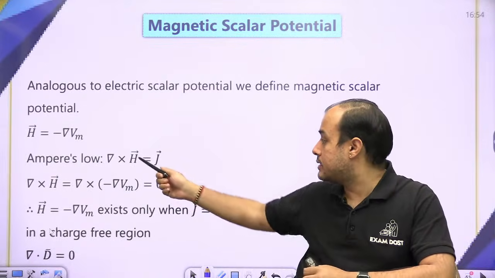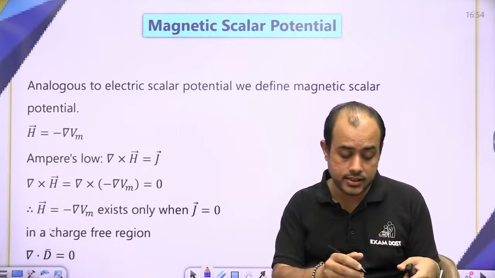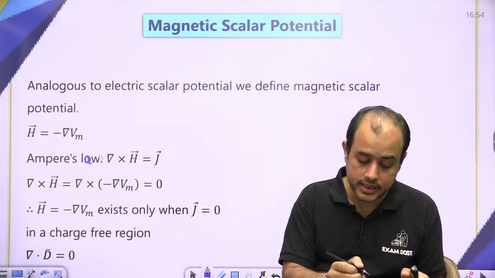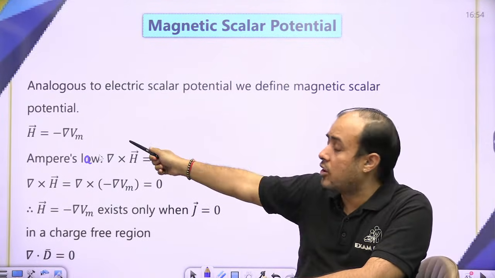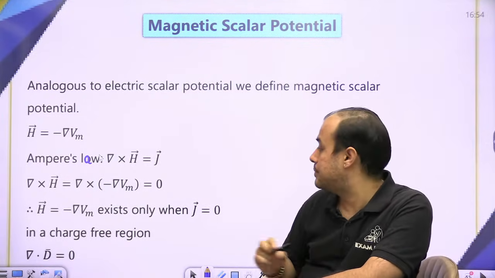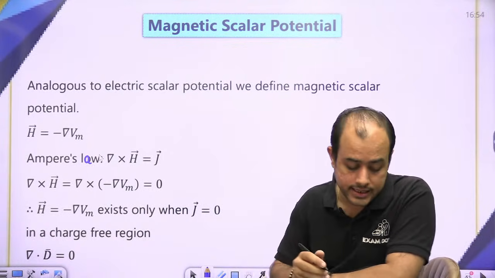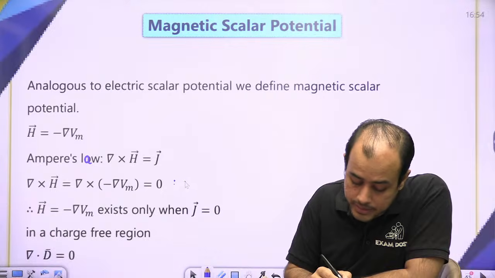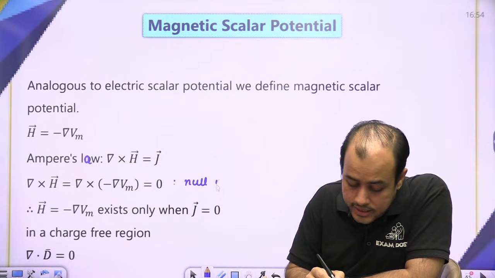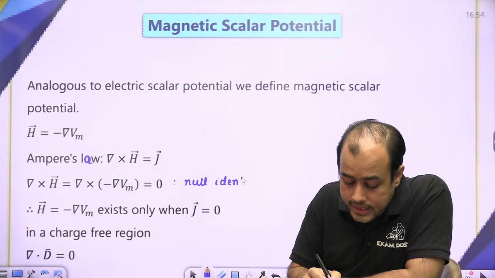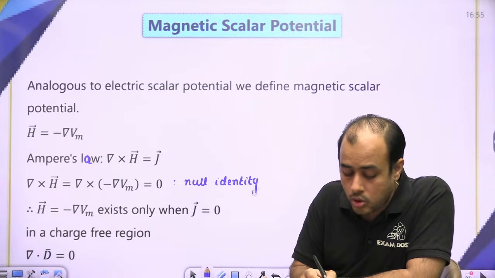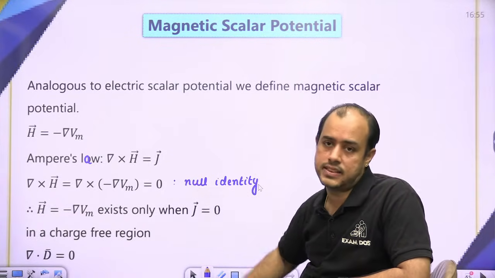Now Ampere's law says del cross H is J. Now beta, the curl of gradient is always zero, we know well, it is a null identity. So that means you can write H as minus gradient of Vm only if J is zero.